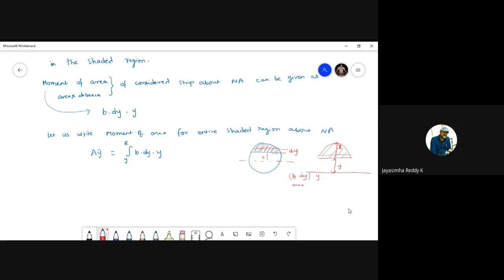A y bar is equal to the integral over y to r of b dy into y. Is it clear? Is it clear, students? Any difficulty here? Please let me know if you have any difficulty here. Yes, sir. Kiran? No, sir. Clear, sir. Okay.